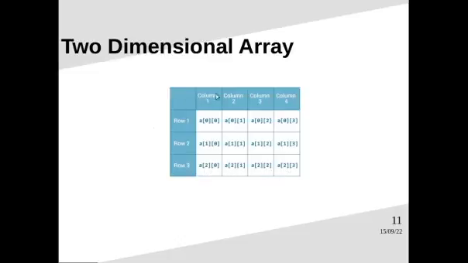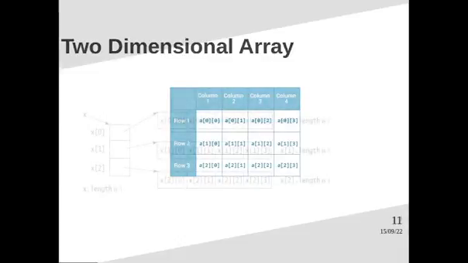If you see it column wise, column 1 is also an array having 3 elements: a00, a10, a20, and column 2 is a01, a11, a21. Similarly, column 3 and column 4. This is how we represent a two-dimensional array in a two-dimensional matrix format, row and column wise.